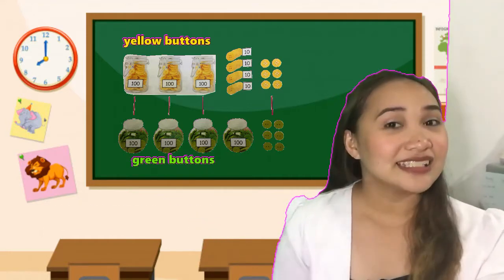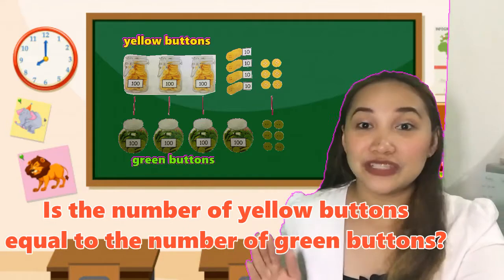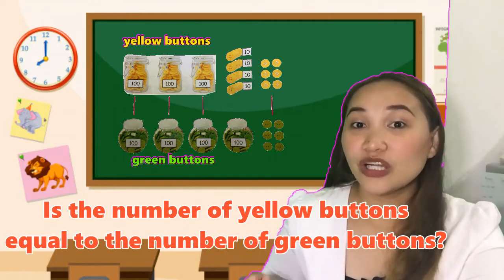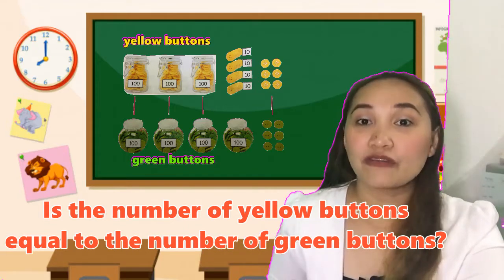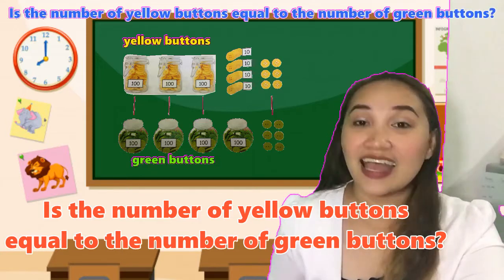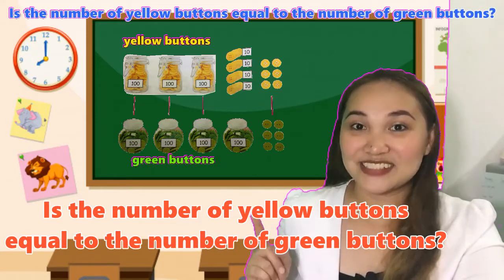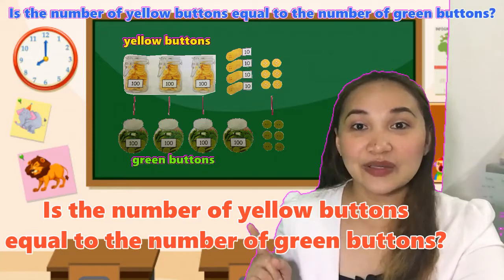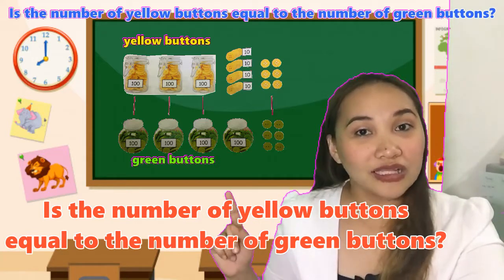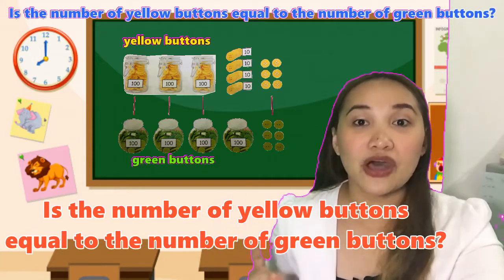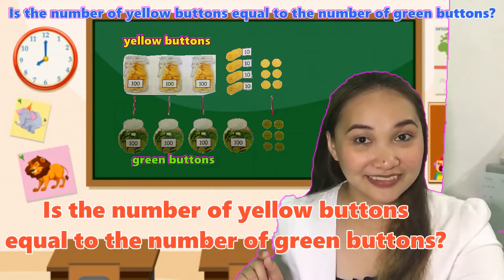Now, is the number of yellow buttons equal to the number of green buttons?